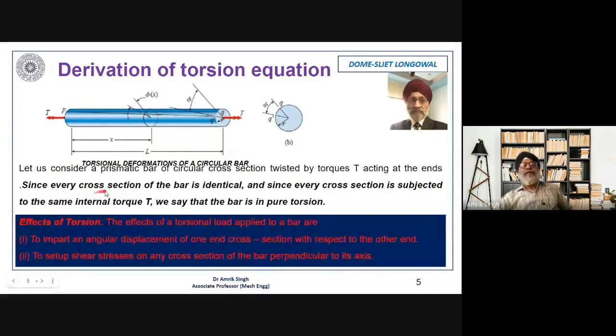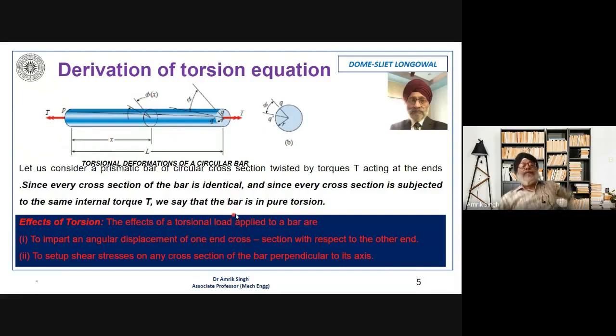Since every cross section of the bar is identical, because we assume that it is a prismatic bar, every cross section is the same. And since every cross section is subjected to the same internal torque T, we can say that the bar is in pure torsion. That means other than torsion, there is no deformation.